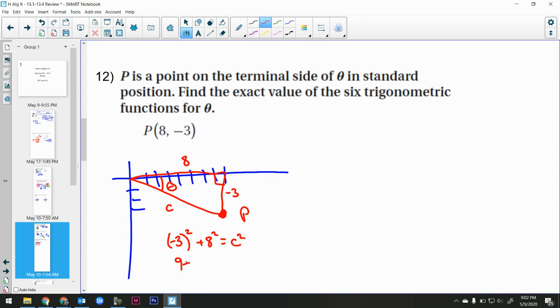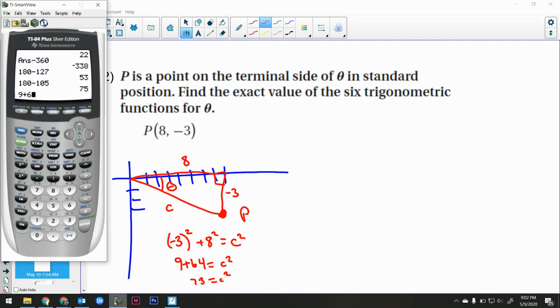Okay, so this is 9 plus 64 is equal to C squared, so 73 is C squared. Make sure when you square that negative, it's a positive 9, not negative 9. So 9 plus 64, and that's 73. And that is not a perfect square. Are there any perfect squares that go in there? I don't think so. 73 is prime.